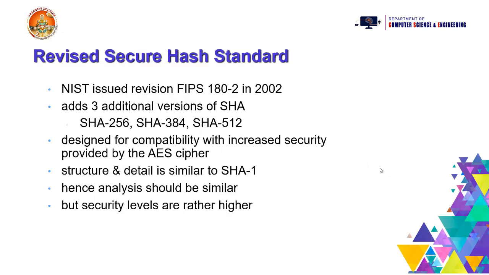Later in 2002, NIST issued some revisions, adding three additional versions of SHA: SHA-256, SHA-384, SHA-512. They were designed to be compatible with the increased security provided by the AES cipher. Structure and detail are similar to SHA-1, hence analysis should be similar, but security levels are rather higher.